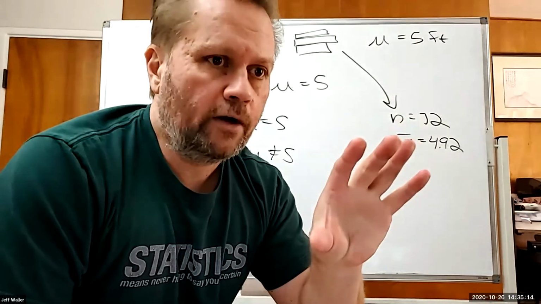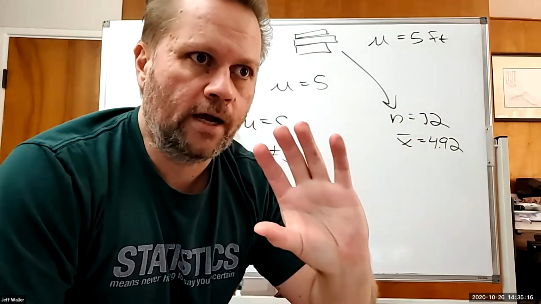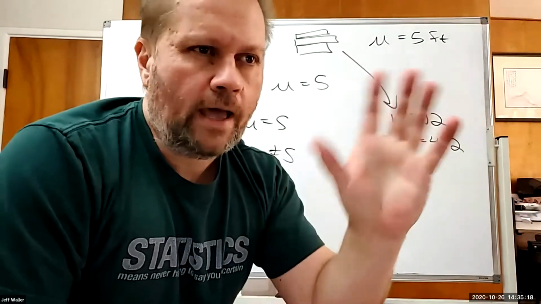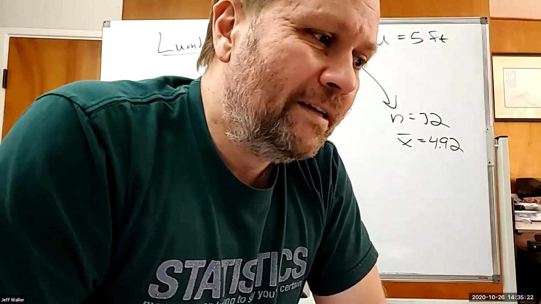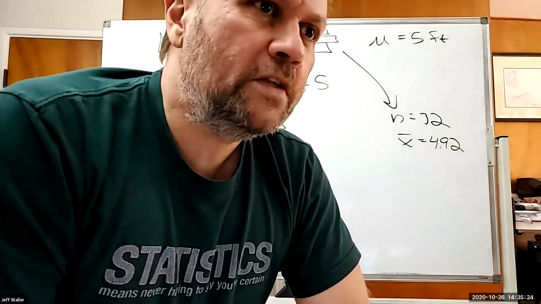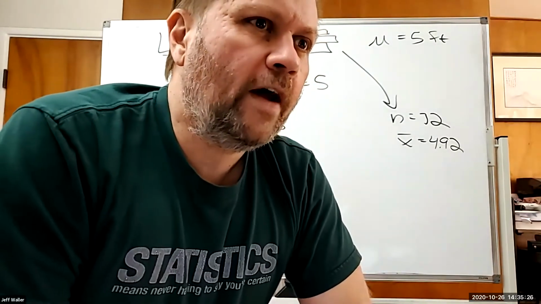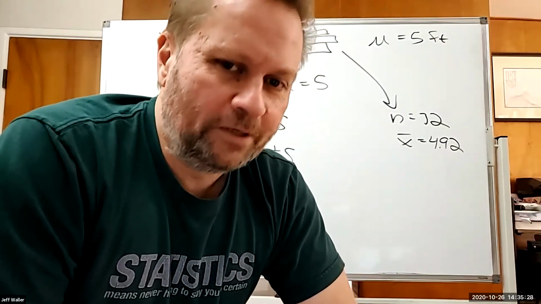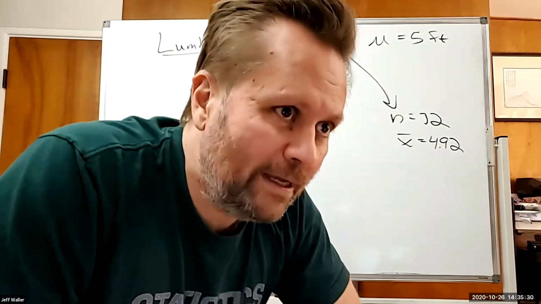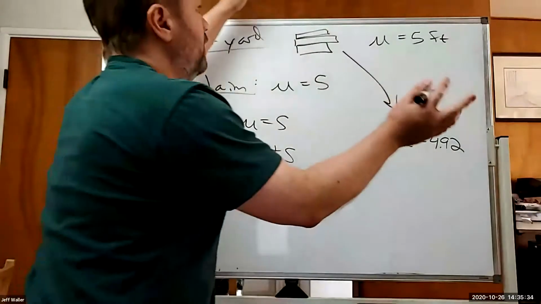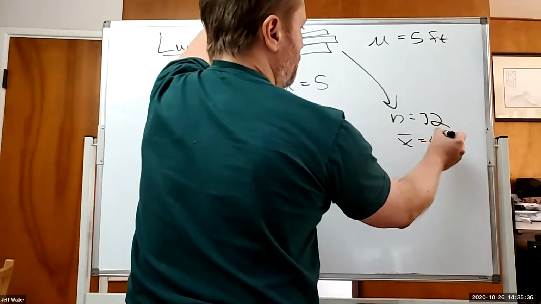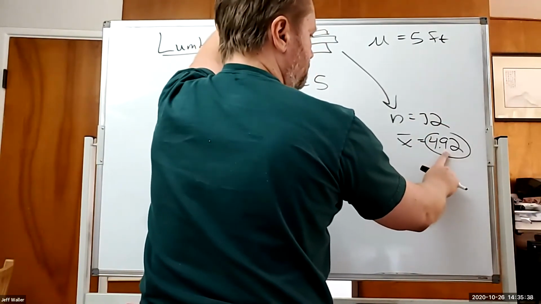Coming right off of our last chapter about confidence intervals, I don't know what the error might be, but more importantly, I can only disprove him directly if I look at every single piece of wood, because maybe I just happened to pick a bunch of them that were smaller.